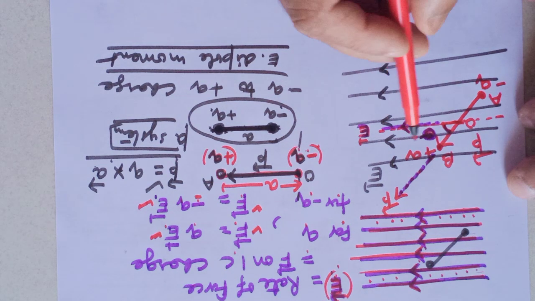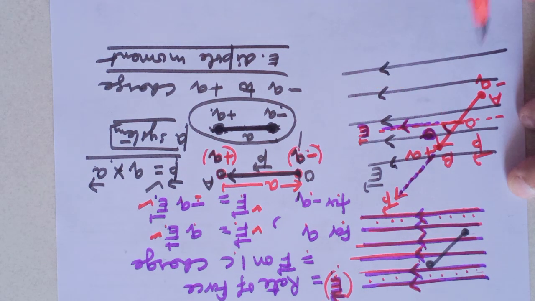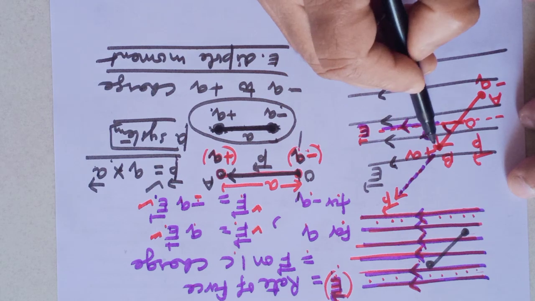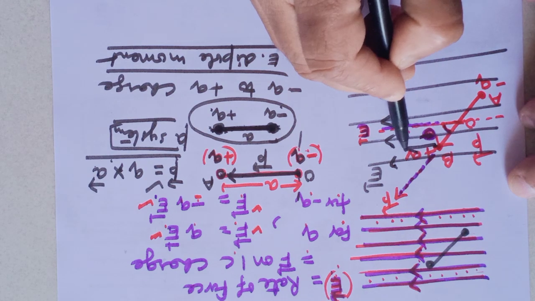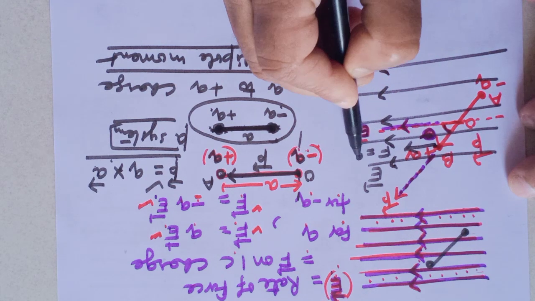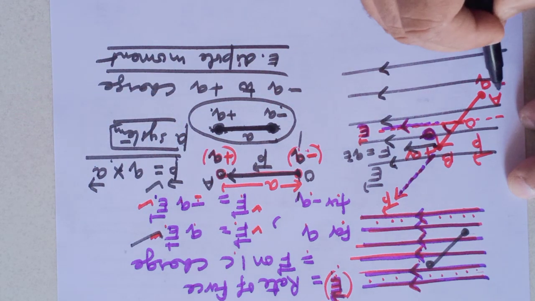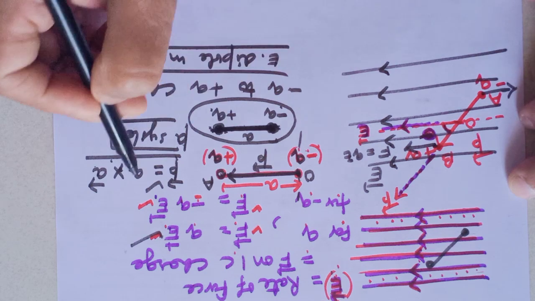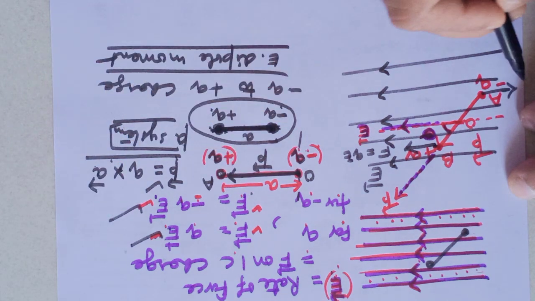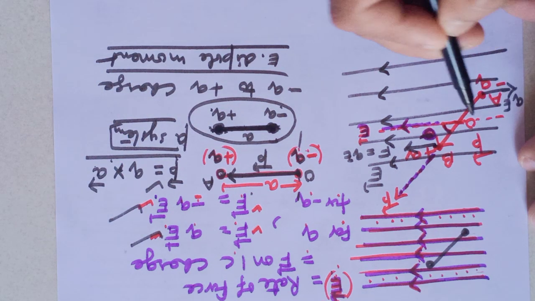Now recall the force on this positive charge will be along this direction: F is equal to q into E. And the force on this minus q charge will be anti-parallel to the field, qE.